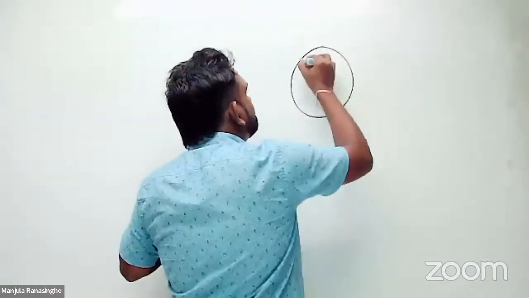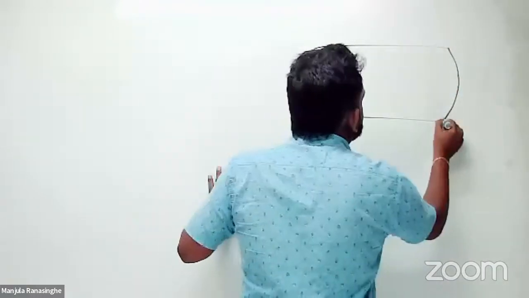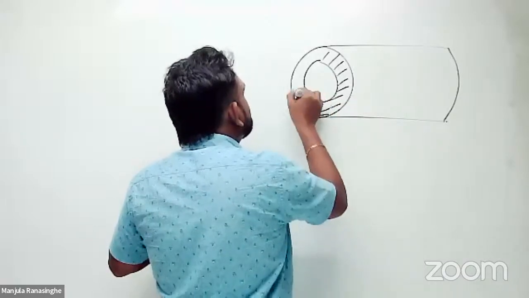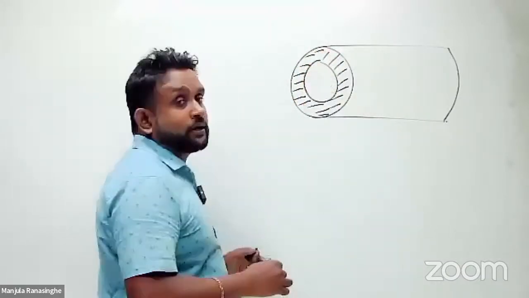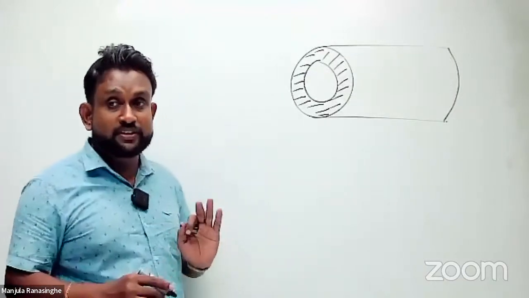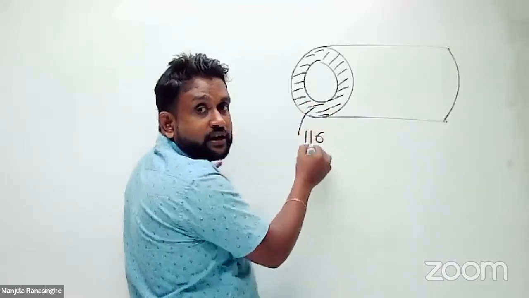Right, question number 12. See there, the shaded area of a cross section. This is a cylinder given. The shaded area of the cross section of the hollow cylindrical iron bar is 116 square centimeter.